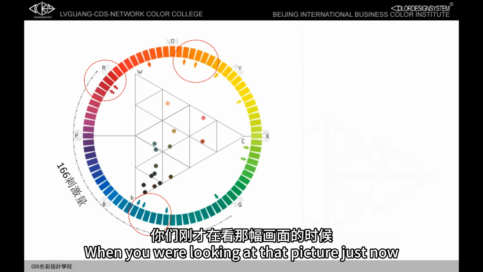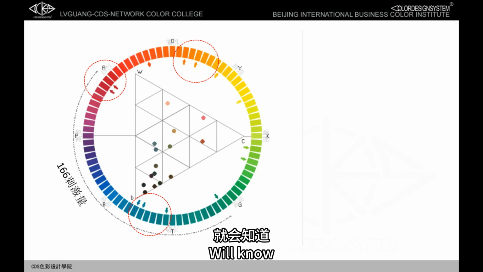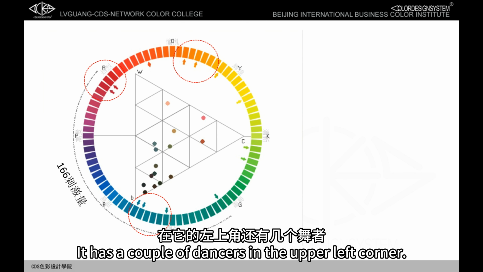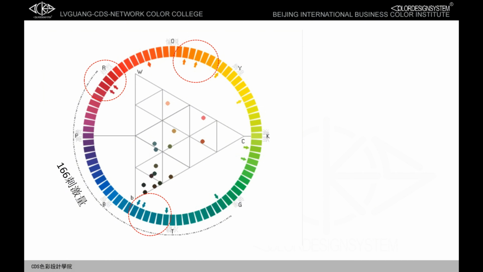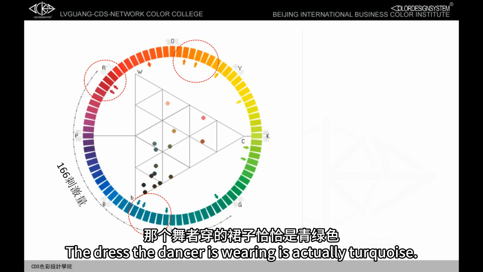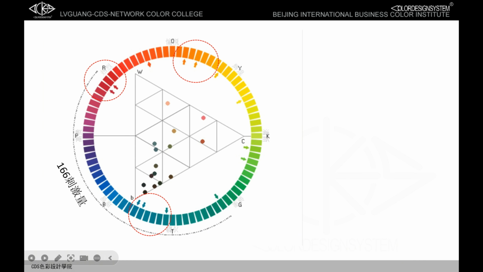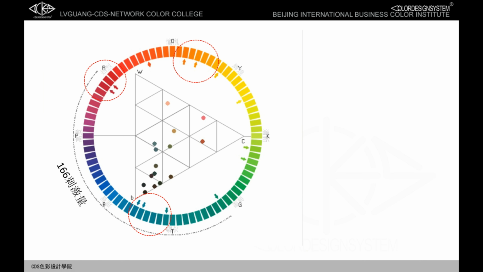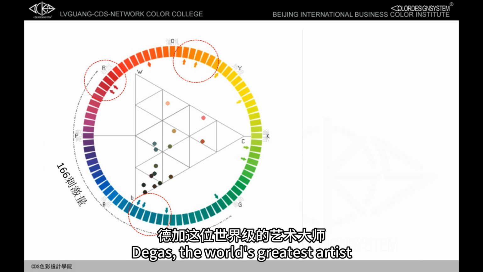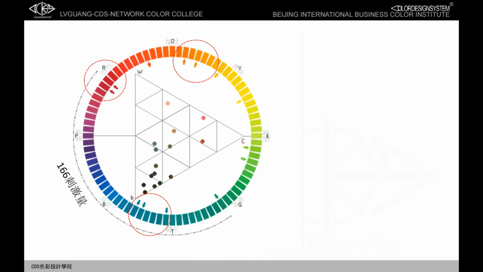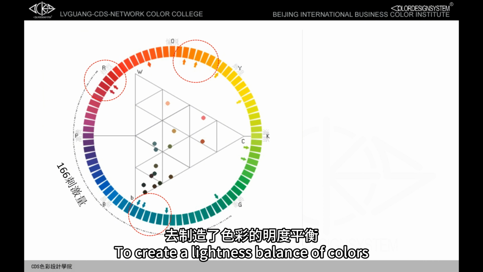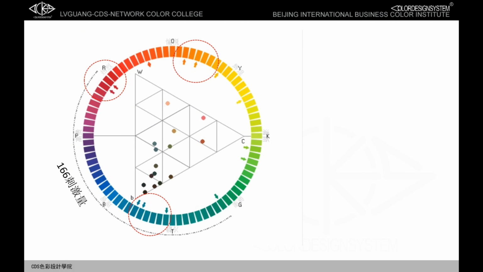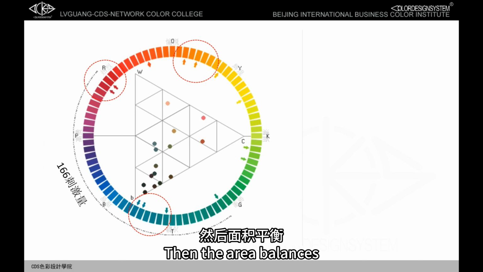When you were looking at that picture just now, we'll know. It has a couple of dancers in the upper left corner. The dress the dancer is wearing is actually turquoise. And this is proof of that. Degas, the world's greatest artist. He is painting to create a lightness balance of colors. Then the area balances and hue balance.